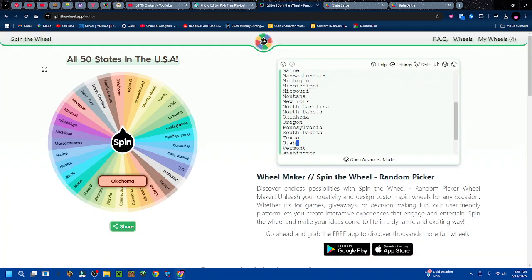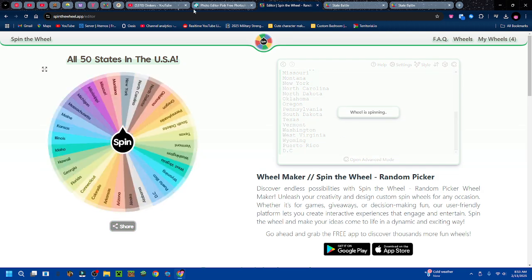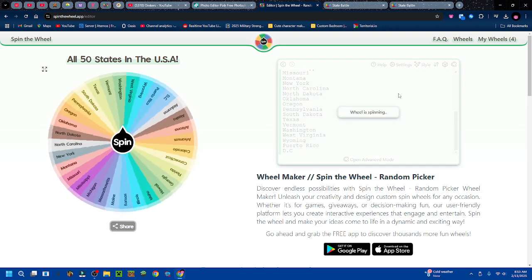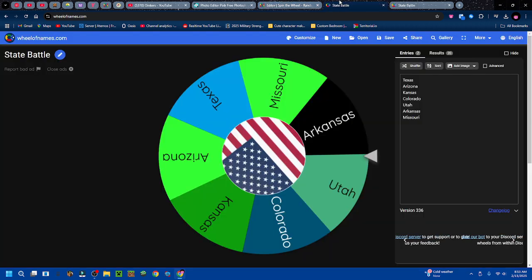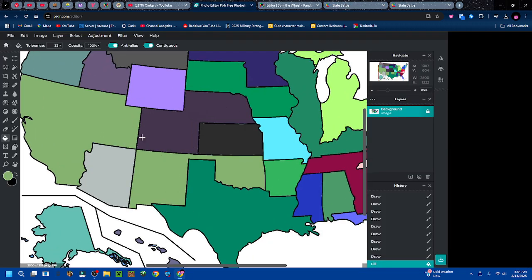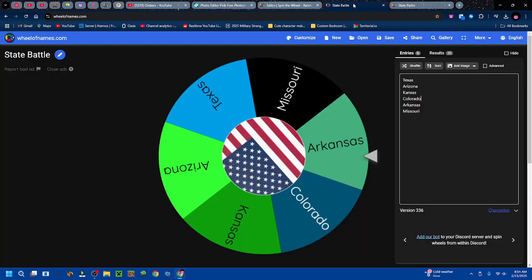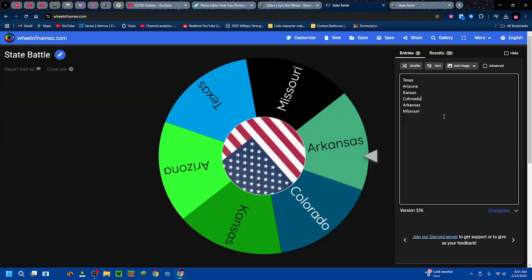But let's remove Utah from the wheel. And next up is Oklahoma going again with their newfound power. They don't border Utah anymore, but they do now border Wyoming, Idaho, Oregon.